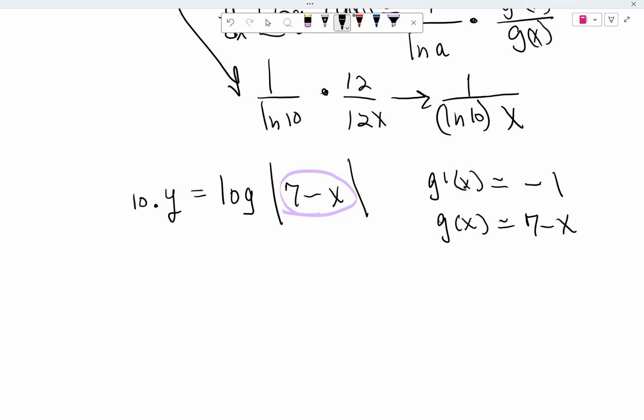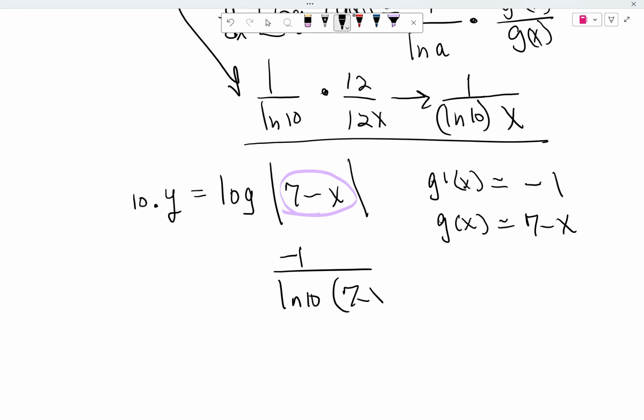So using this same philosophy, we would have -1 over the natural log of base 10 times the 7 minus x. So you can see they play a role. So this is your g of x, and this is your 7 minus x. And the log, which we assume is base 10, is always right here.